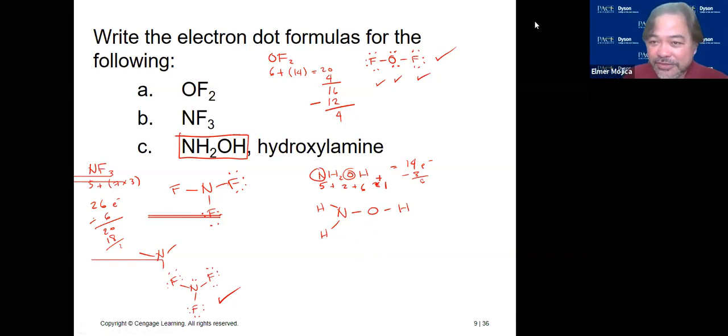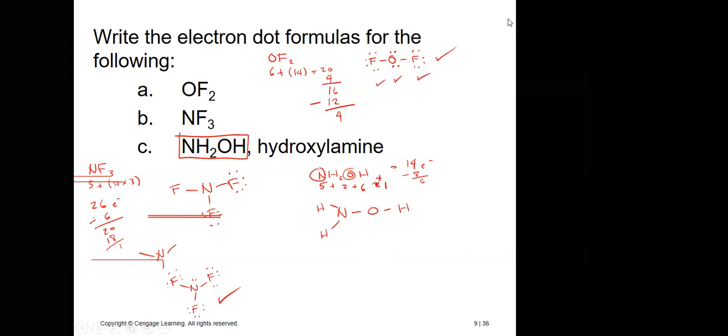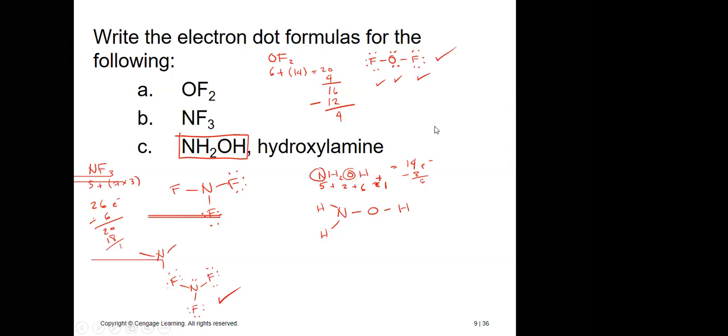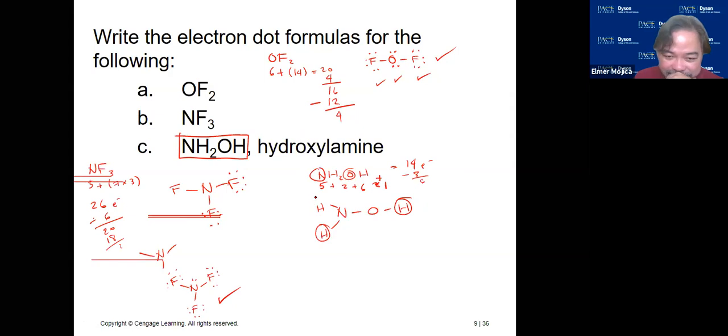Does hydrogen need to have 8 electrons? No. Only 2. Okay, so there's 2 for this, 2 for this and 2 for this. So they're fine. How about nitrogen?